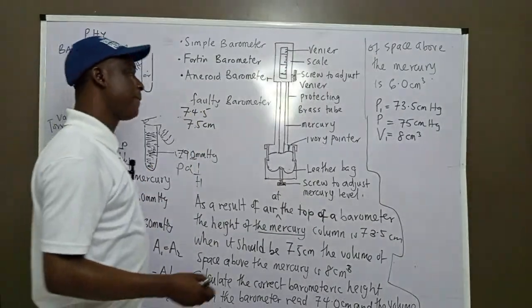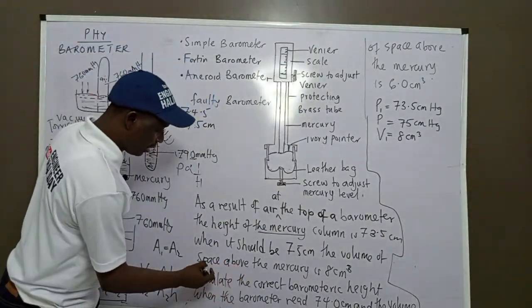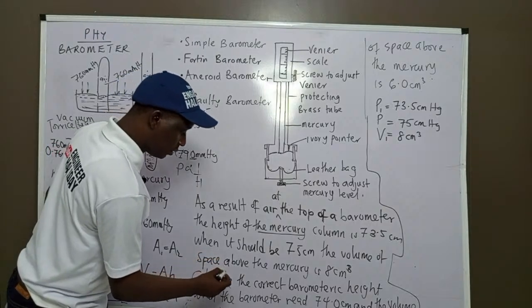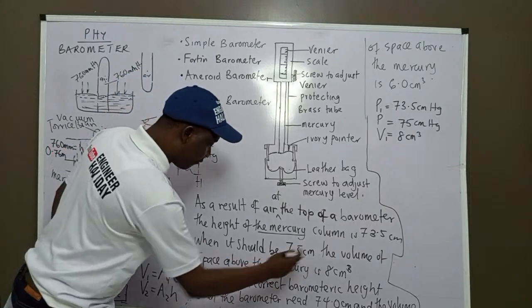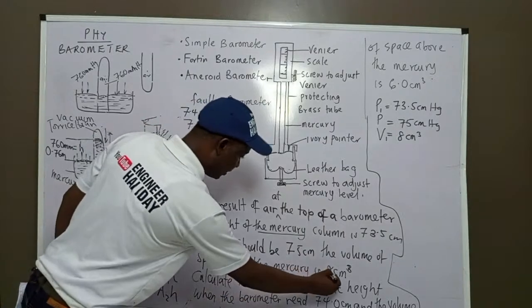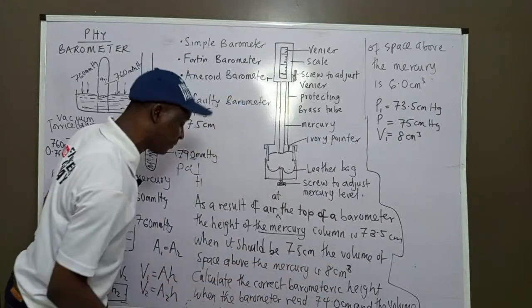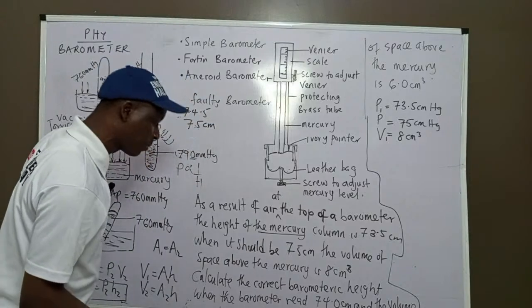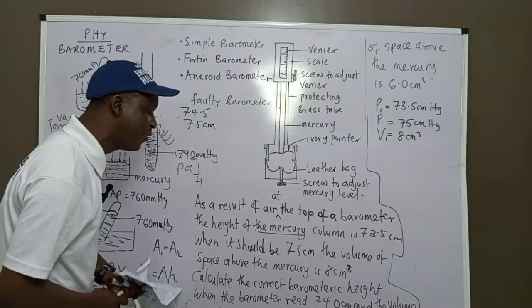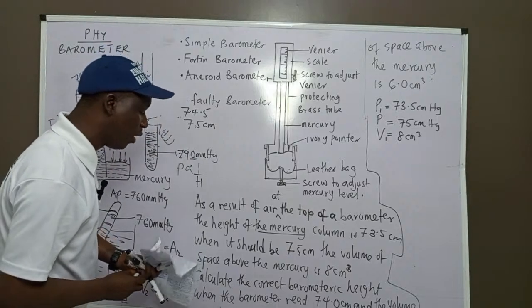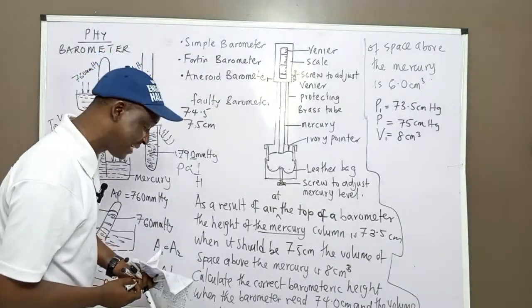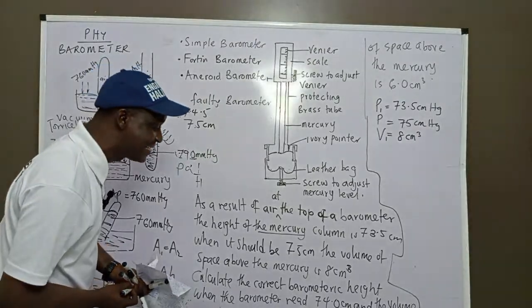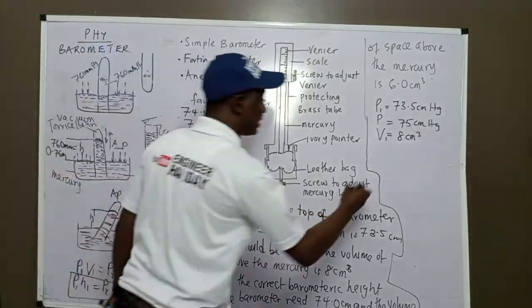Now, what about the second case? They said the volume of the space above the mercury is 6.0 centimeter cube. Calculate the correct barometric height when the barometer reads 74 centimeter of mercury. That is a fake reading.